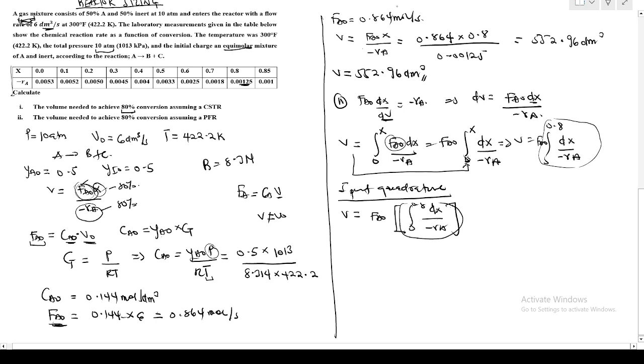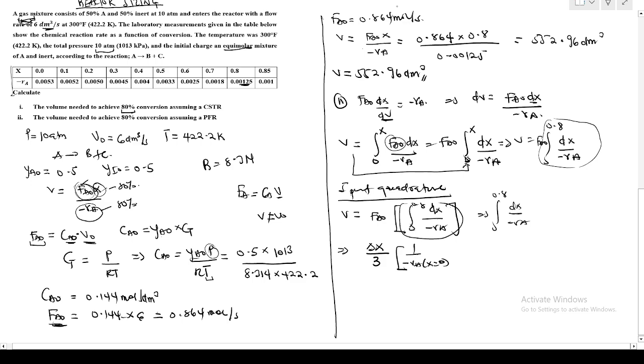So with the 5-point quadrature, we get the evaluation of the integral part, 0 to 0.8 of dx over minus Ra. So we need our step divided by 3, everything multiplied by 1 over minus Ra at x equals 0.